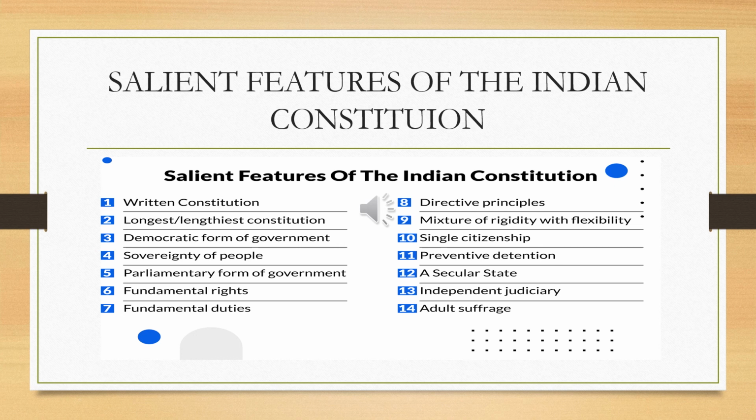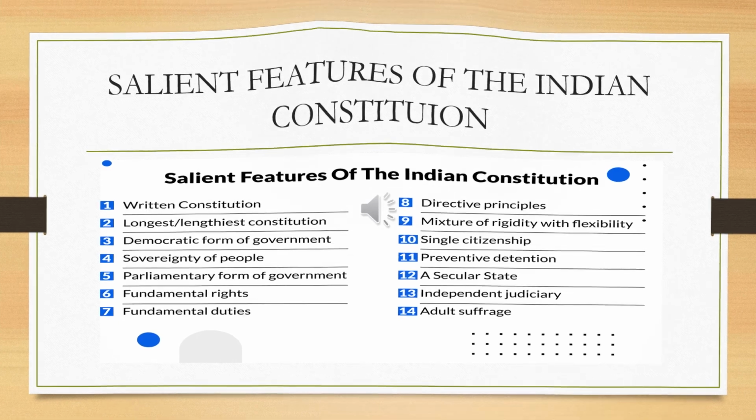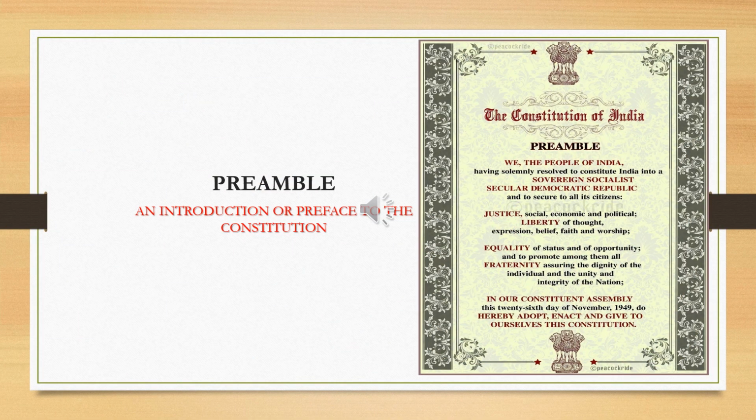Adult suffrage is one type of political equality, because each and every citizen who has attained the age of 18 can give the vote. Now you all know that preamble means an introduction or preface to the constitution of India.